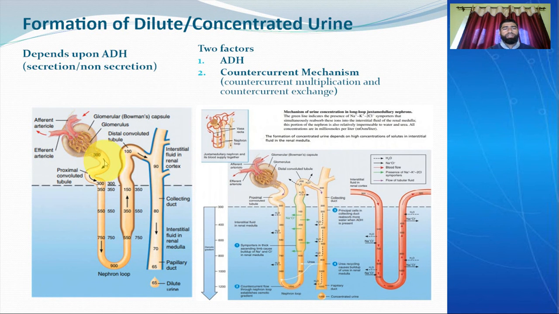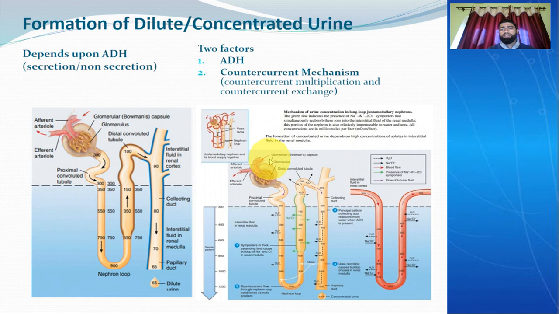The filtrate, when it enters the PCT, is 300 milliosmoles per liter, but when the urine leaves, it is about 4 times more dilute than this. And the ADH plays its role in the formation of dilute urine.